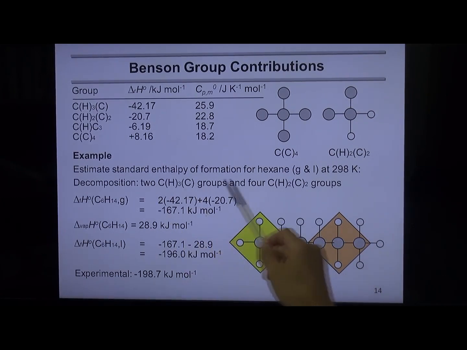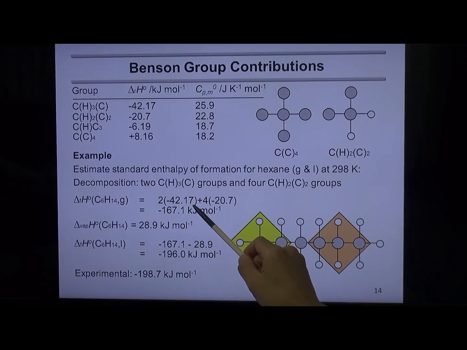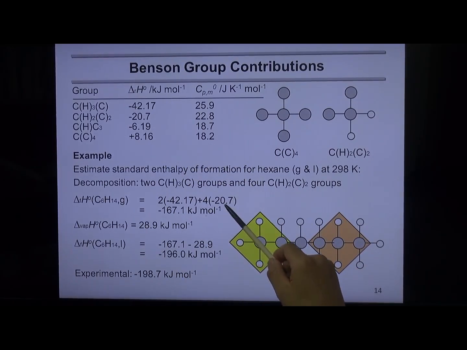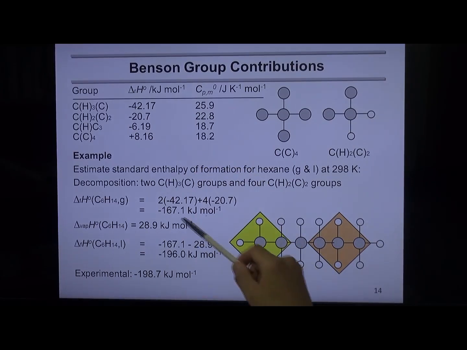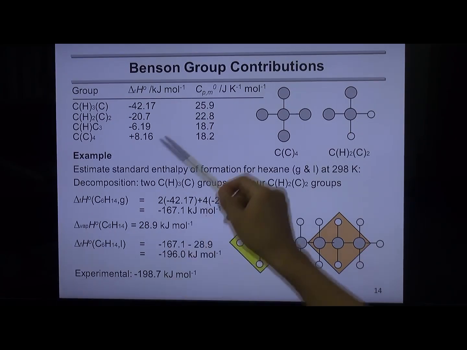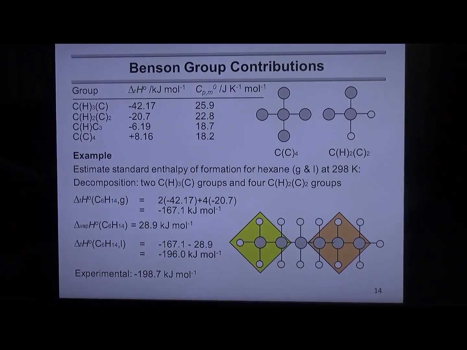2 CH3C, 4 CH2C2. 2 times minus 42.17 here, plus 4 times minus 20.7. Then you get minus 167.1 kilojoules per mole as the standard enthalpy of formation for hexane in the gas state.